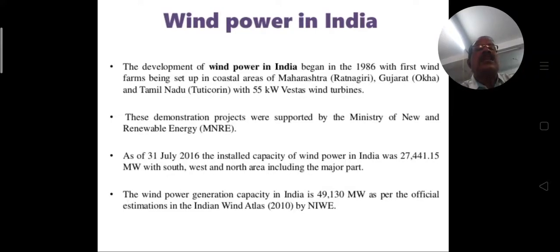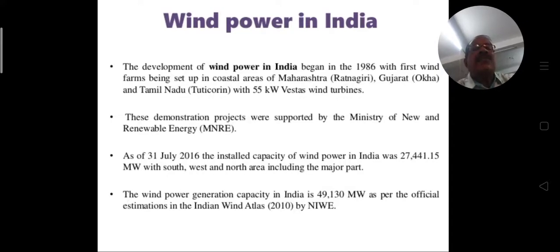These are the first wind projects. So now Gujarat is operating with almost all wind energy. There is no need of fossil fuels in Gujarat, and solar power. And these demonstration projects were supported by the Ministry of New and Renewable Energy.